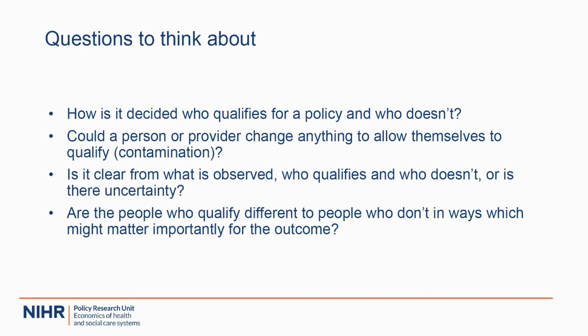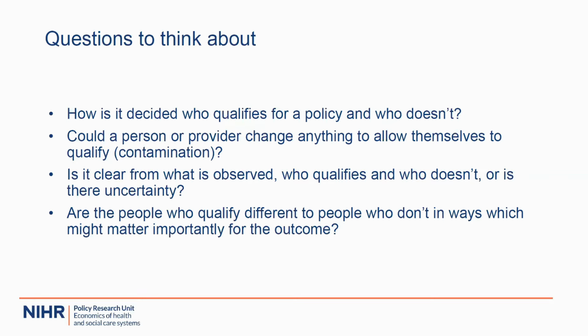Can we actually see confidently who qualifies and who doesn't? Which created some concerns for the GPs in ED's case, because if you wait in an emergency department for 3 hours, there might not have been a GP when you arrived, but there might have been a GP by the time you left.